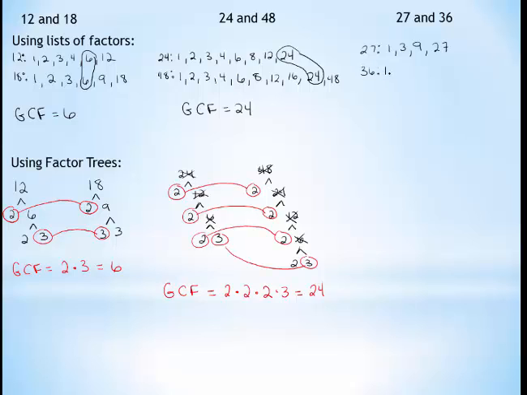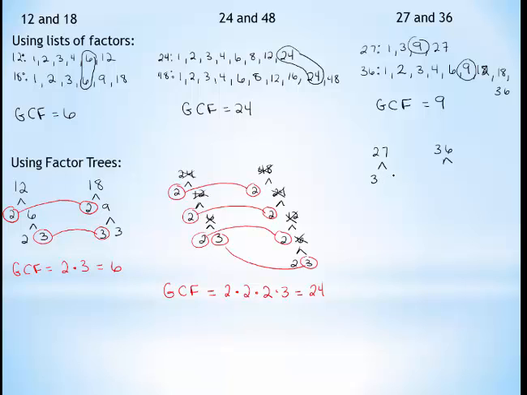For 36, I have 1, 2, 3, 4, 6, 9, 12, 18, and 36. The largest factor that they have in common is a 9, so my GCF will equal 9. Using factor trees, we'll factor each of these numbers.